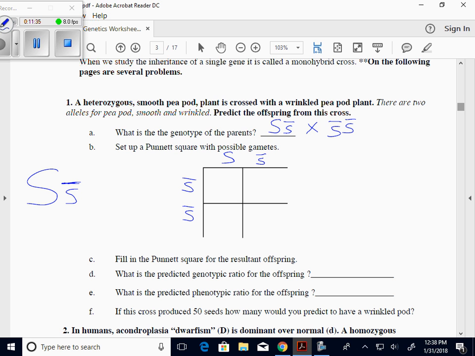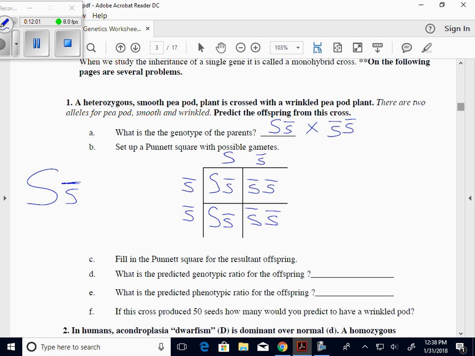What are we going to do? Well, we're just going to bring a capital S down and a lower s. Here's a lower s and a lower s. Here is a capital S and a lower s. Here is a lower s. Here is a lower s. Okay? Would we agree with my Punnett square?